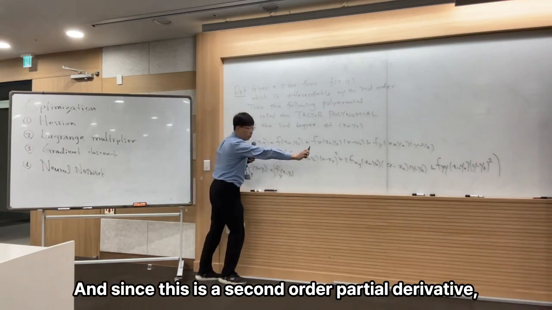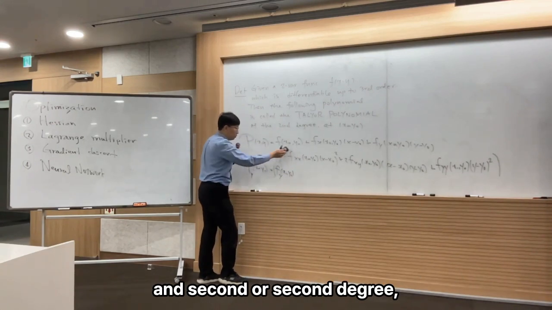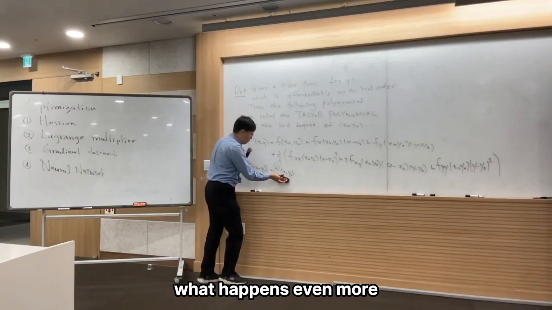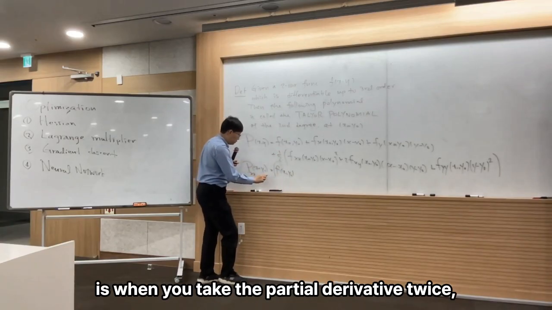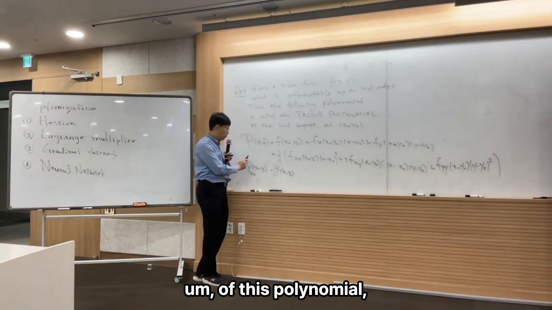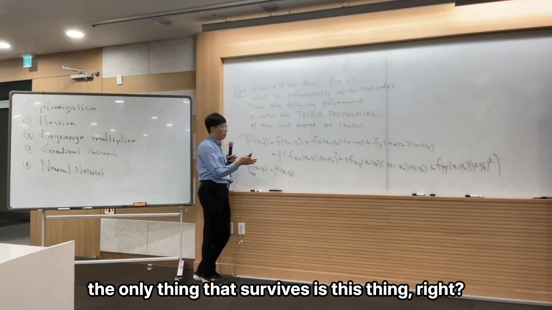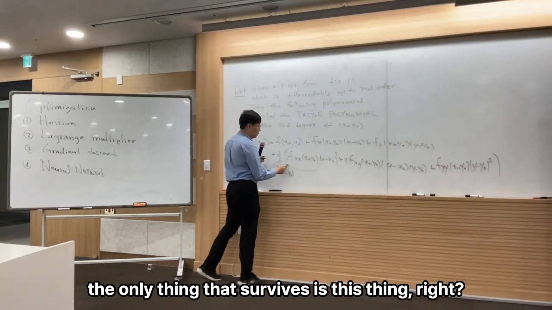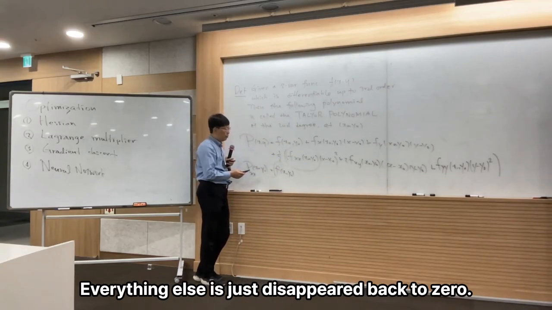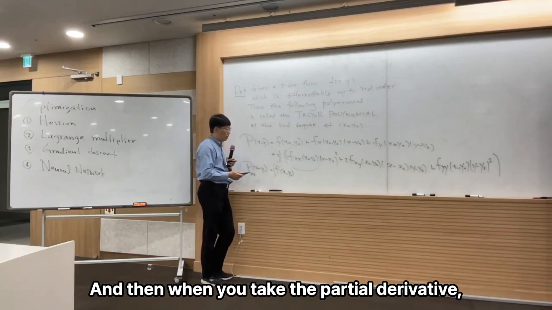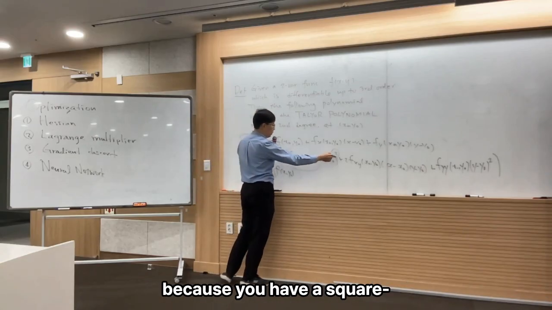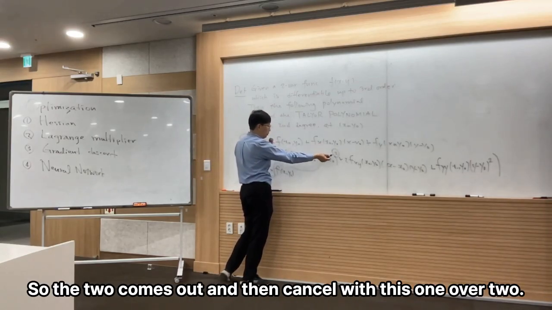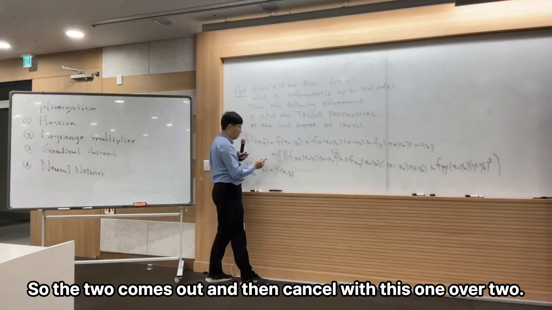And since this is a second degree polynomial, what happens even more is when you take the partial derivative twice of this polynomial, the only thing that survives is this term, right? Everything else disappears as zero. And when you take the partial derivative, because you have a square, the 2 comes out and cancels with this 1 over 2.